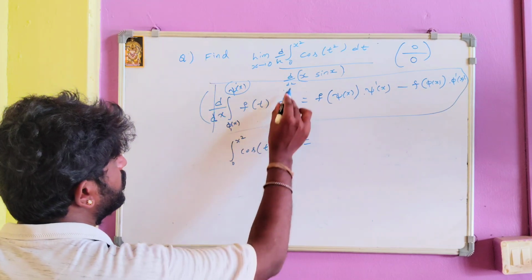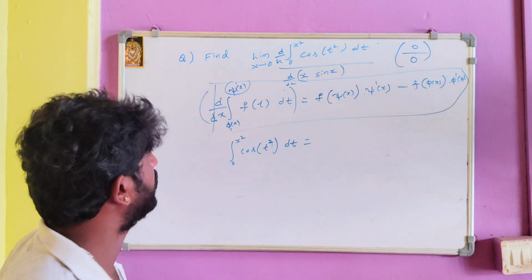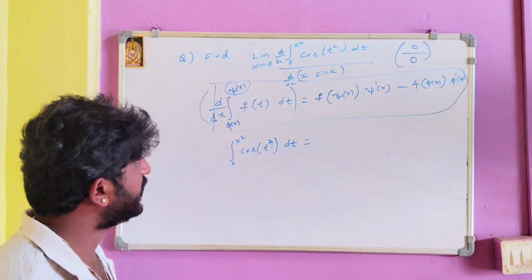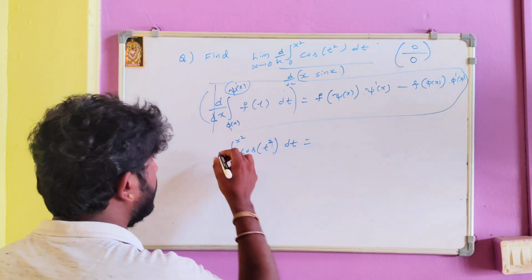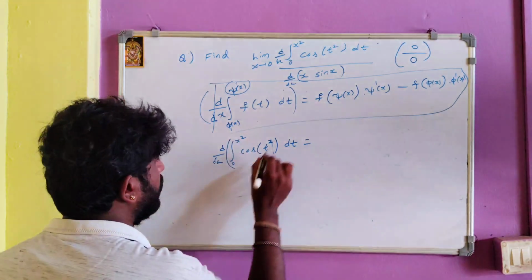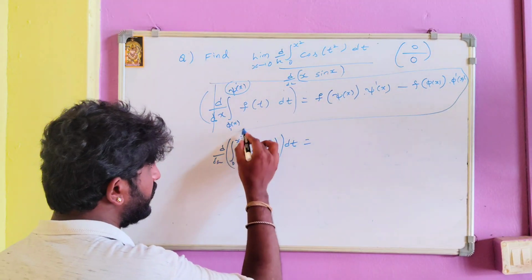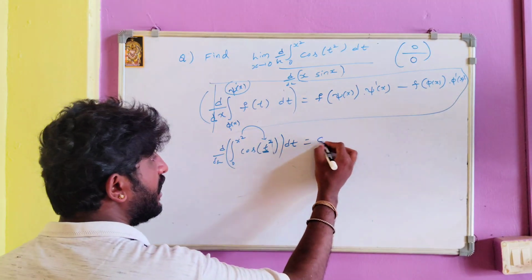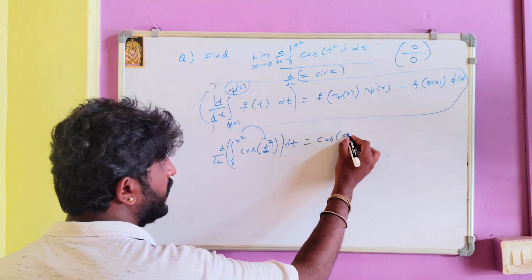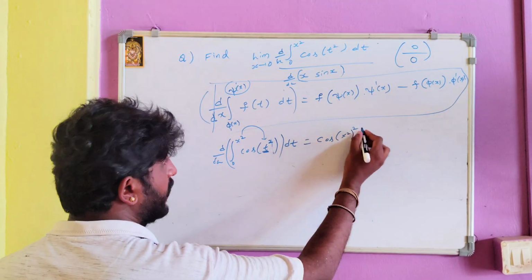Here I am differentiating this, d by dx. In place of t replace x square, I will get cos of x square whole square.